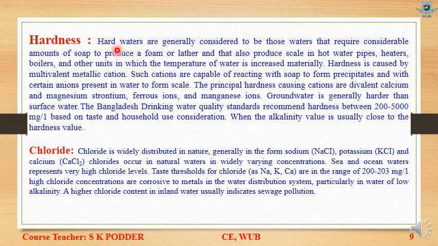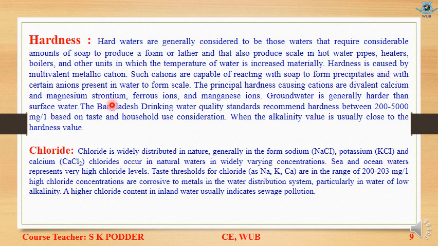So hard water would be that water which needs more soap to produce foam or lather. Now it produces scale in hot water pipes, heaters, boilers, and other units in which the temperature of water is increased materially.